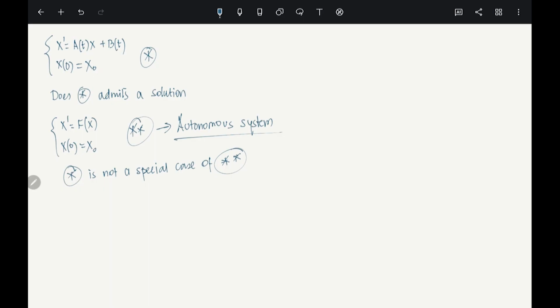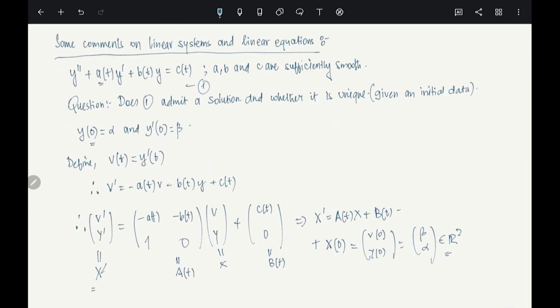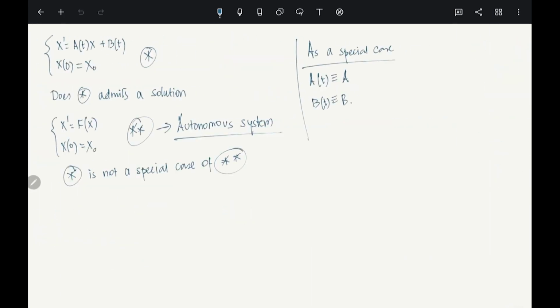So let's say that here in star, as a special case, let's assume that A(t) is independent of t. So it is a constant A, and b(t) is also a constant, let's say b. Essentially these coefficients are all constant coefficients, they are not variable. In that case, A(t) is A and b(t) is b.